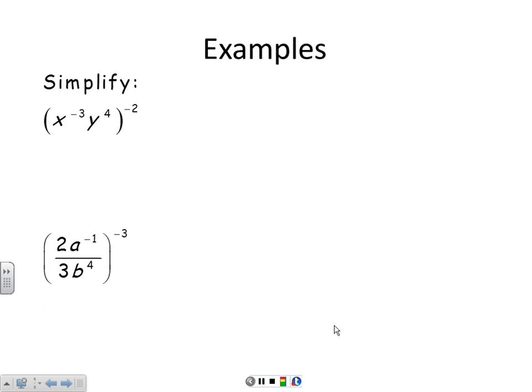Alright, for this one, remember, if you don't have addition and subtraction on the inside of your parentheses, if you're just dealing with monomials, and that's key, you can take this external exponent and distribute it here. And I'll break it up for you. So this is going to be x to the negative 3 raised to the negative 2 times y to the 4th raised to the negative 2.